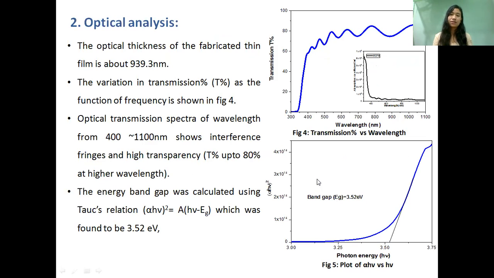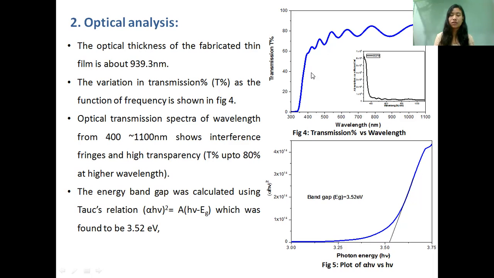The optical analysis of the synthesized sample is done by analyzing the UV visible absorption data, and the optical thickness of the fabricated thin film is found to be about 939.3 nanometers. The variation of transmission percentage as a function of wavelength is shown in figure number 4.